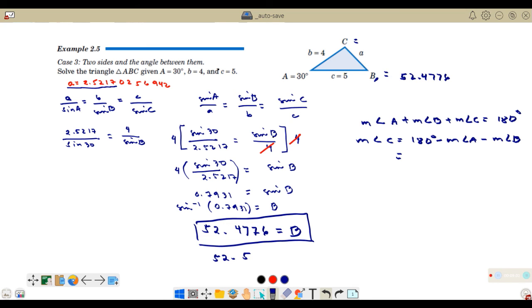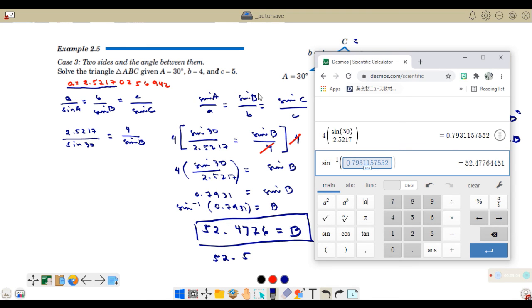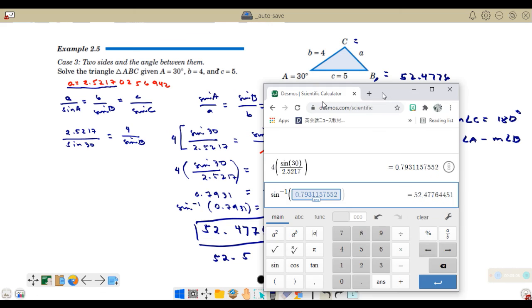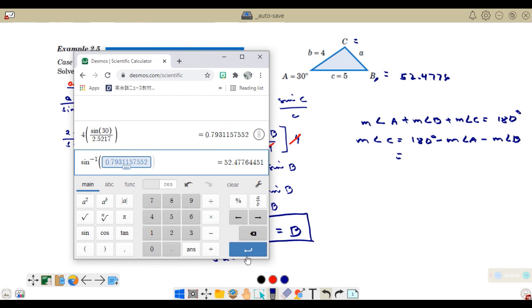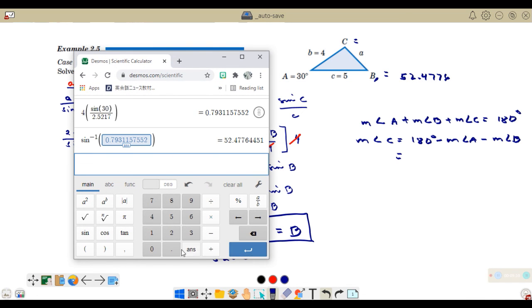So, let's get the calculator again. This is our calculator. So, we have the measurement of angle C is equal to 180 minus the measurement of A, which is 30, minus again the measurement of B, which is 52.47764451.